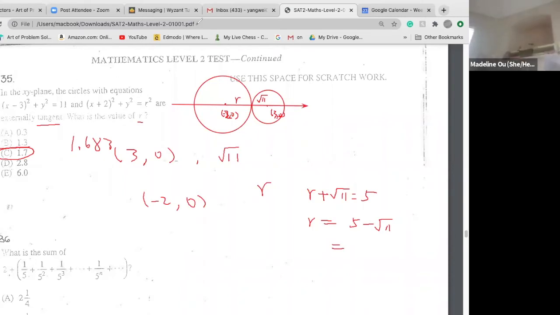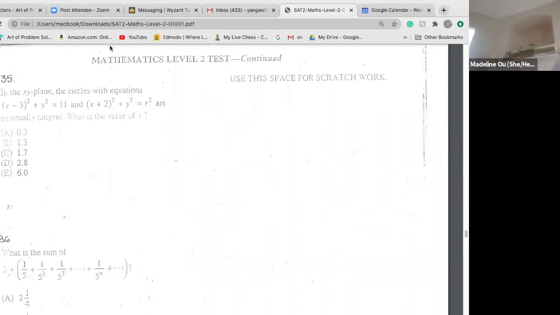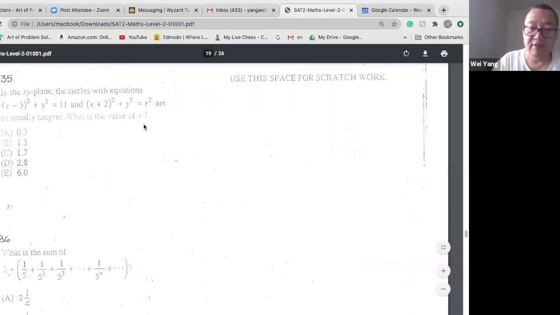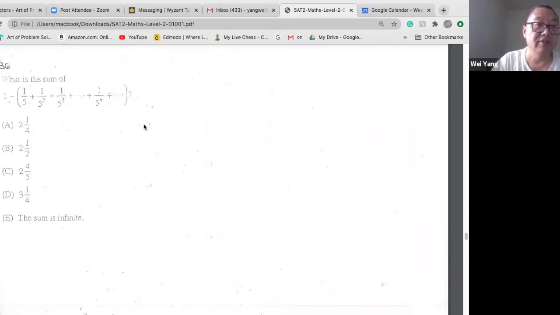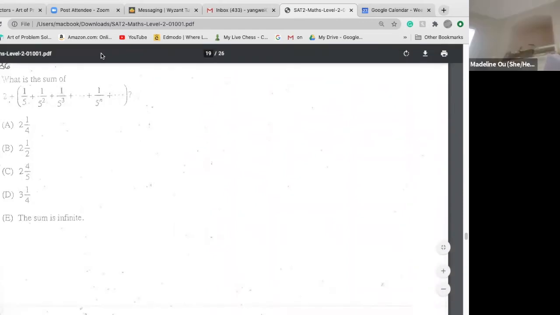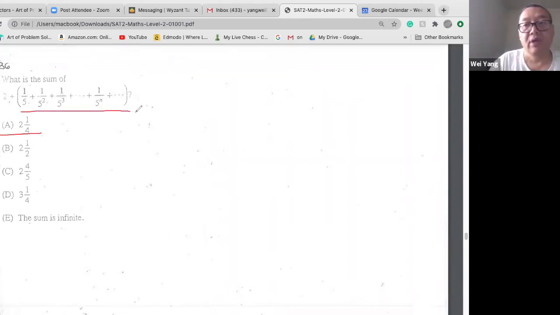Okay, good. Now let's see 36. What's your answer for 36? A. A. Now let's see. This is geometric sequences, so we can find the formula for this one.